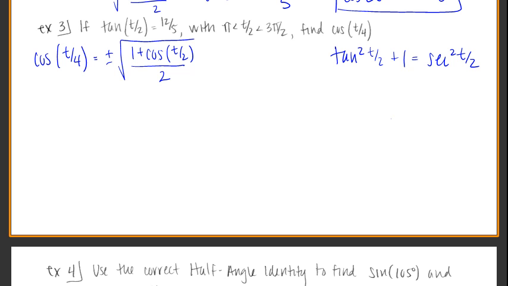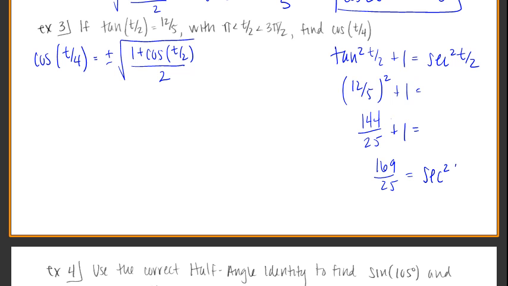Well, tangent of t over 2 is 12/5, so tangent squared t over 2 will be the square of that. 144 over 25 plus 1 is going to be 169 over 25, which is secant squared t over 2. Take a square root with a plus or minus, so 13/5 is going to be secant of t over 2.